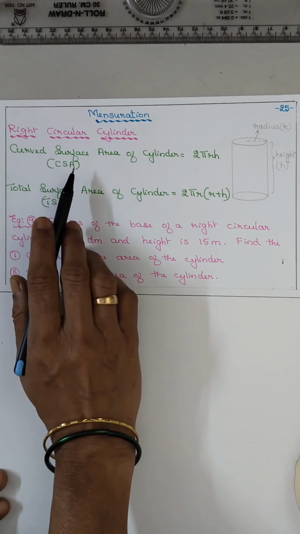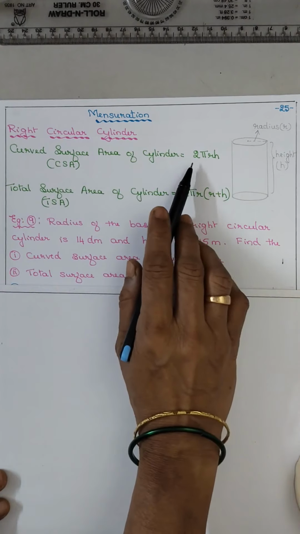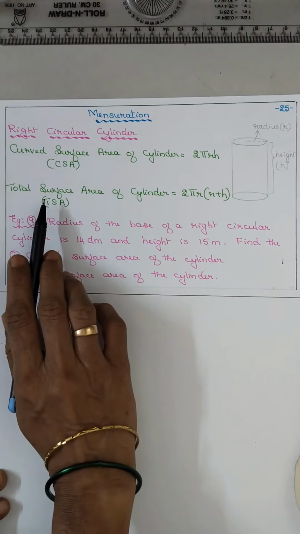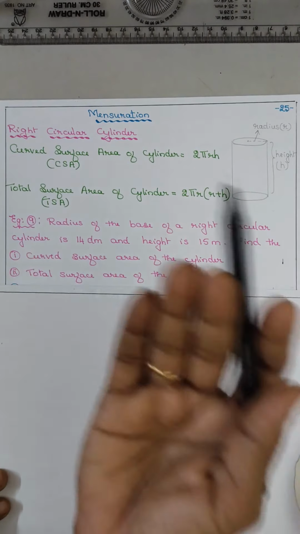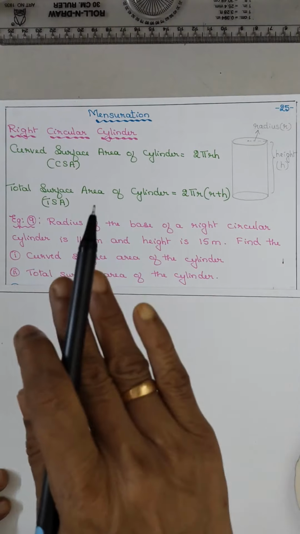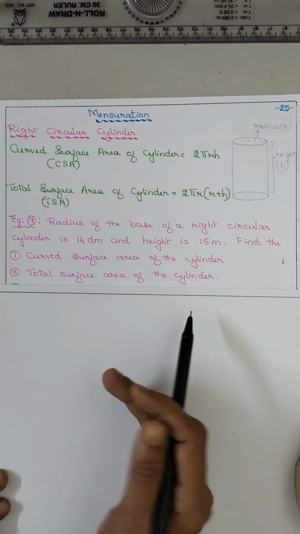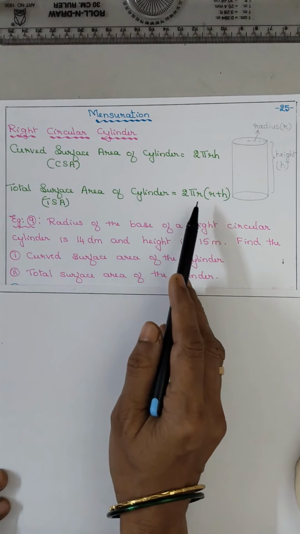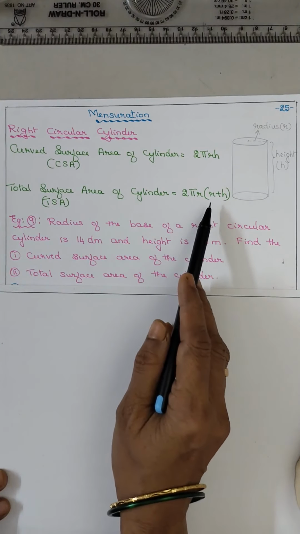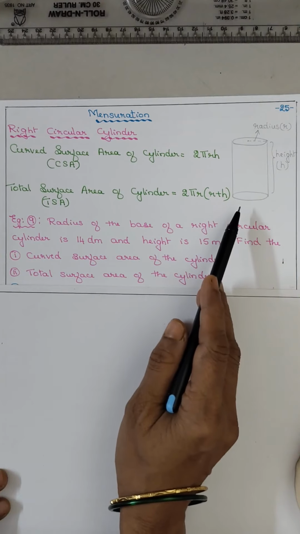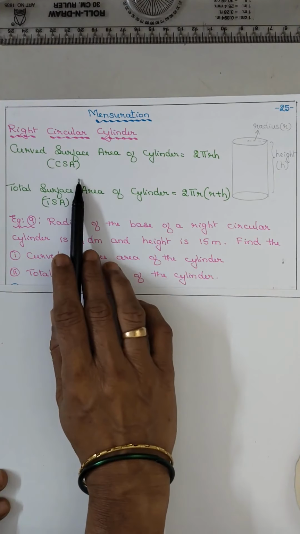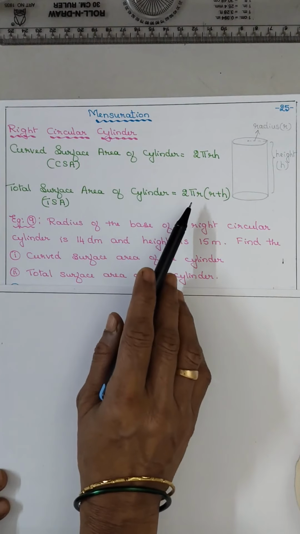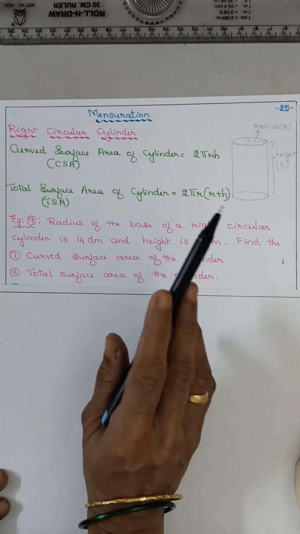We'll write CSA of cylinder is equal to 2 pi RH, and the total surface area means the side along with the top and the bottom, the two circles together. It will be 2 pi R bracket open R plus H. So CSA of the cylinder is 2 pi RH and the TSA of the cylinder is 2 pi R (R plus H).